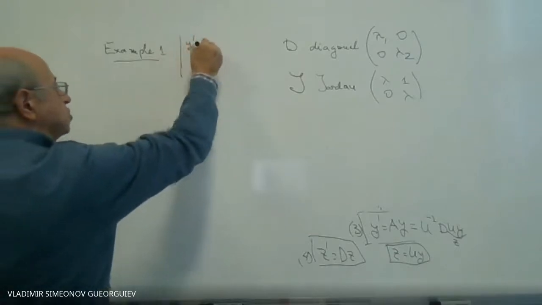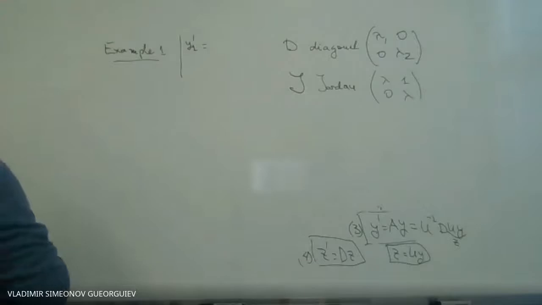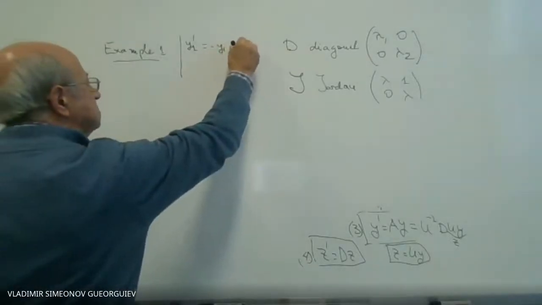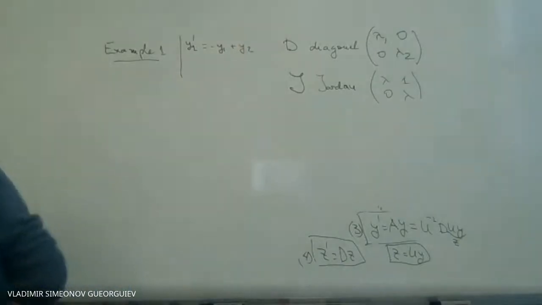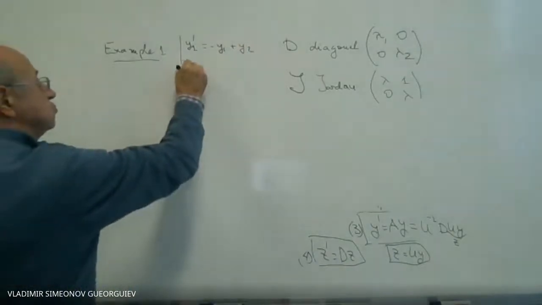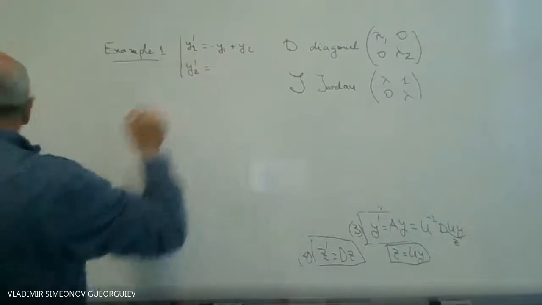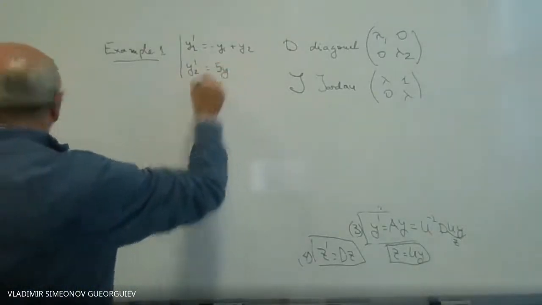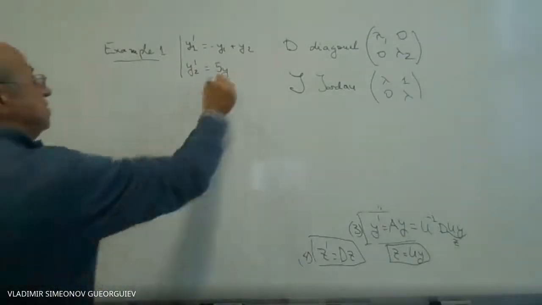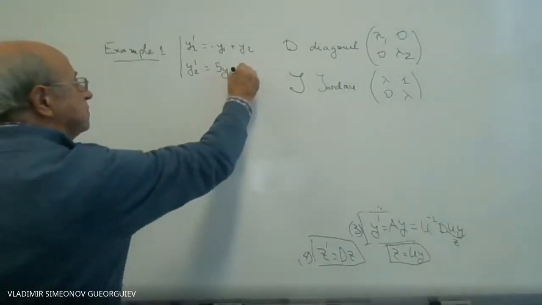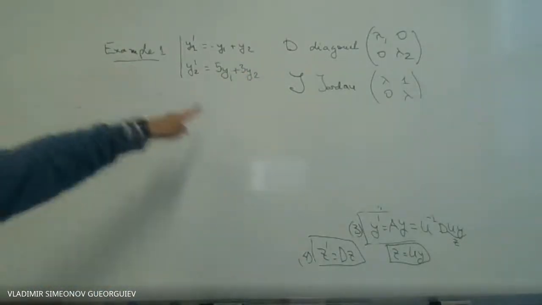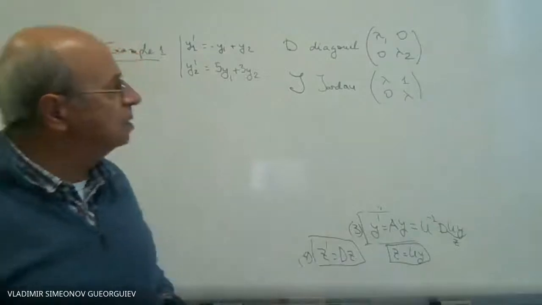y1 prime shall be minus y1 plus y2, and y2 prime shall be 5y1 plus 3y2. So this is our system of this form.